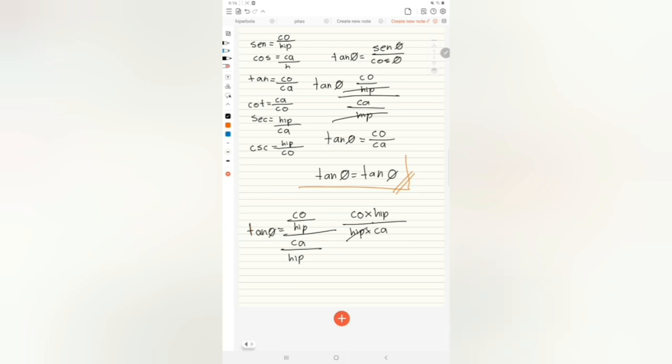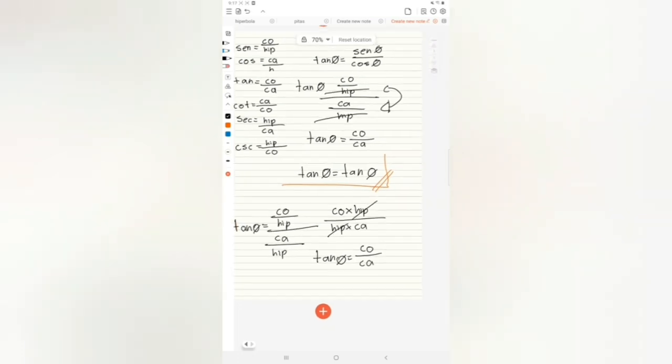We cancel hypotenuse with hypotenuse, and we have the same result. This is the opposite leg divided by the adjacent leg. That is the same, but in here we just cancel the hypotenuse because we know that if it's the same, we can cancel it.